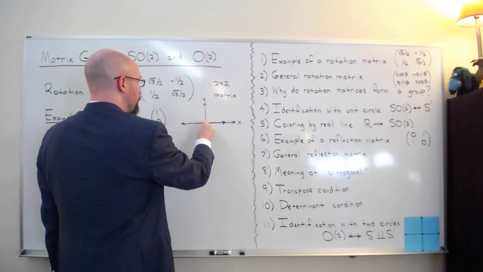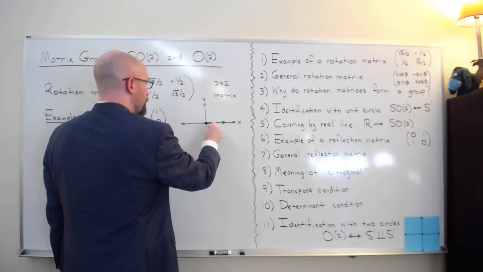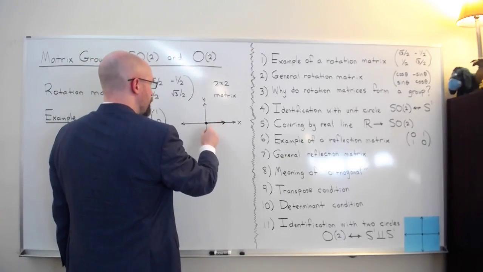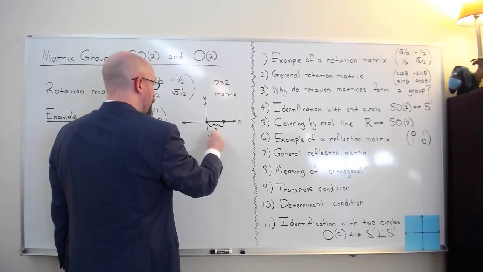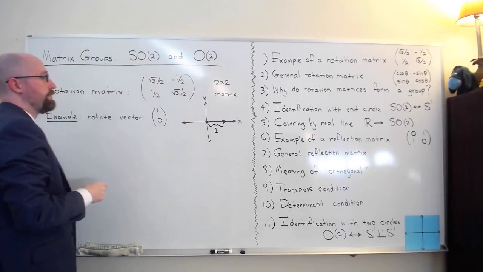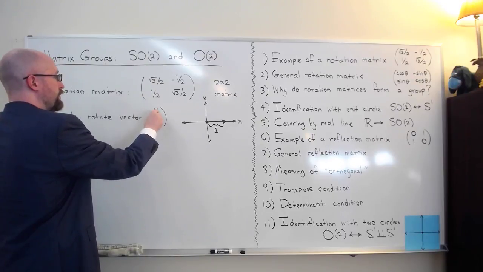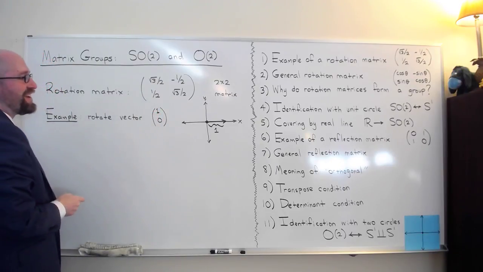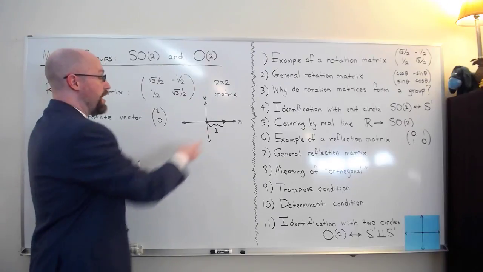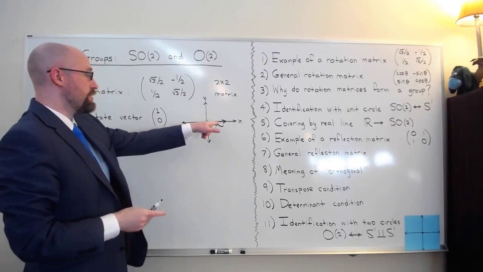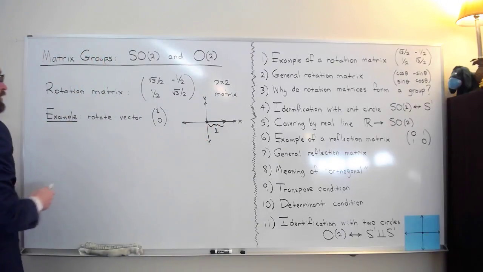So that's just a little arrow that points from the origin over to this point, so that distance there is 1. That distance is 1, and then the vertical distance is 0. So this is the vector that we're starting out with.